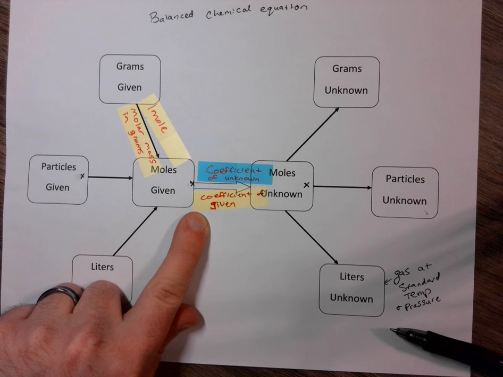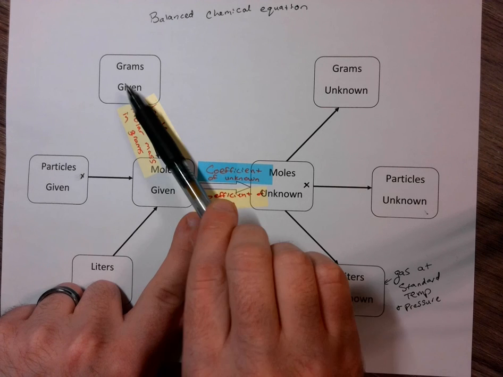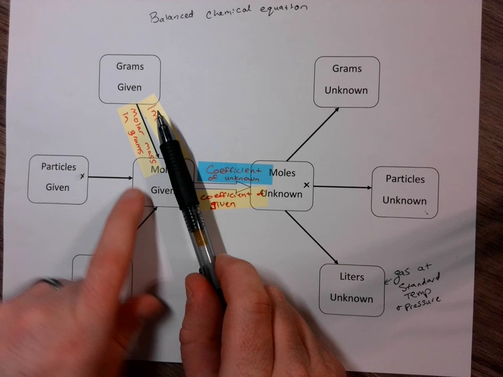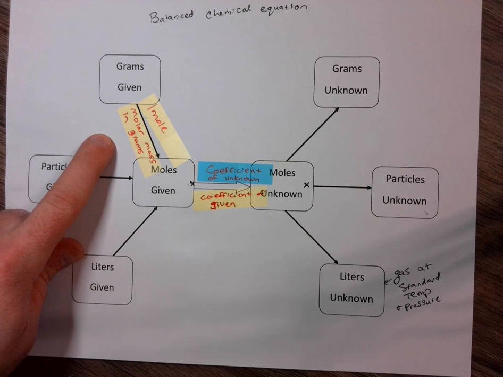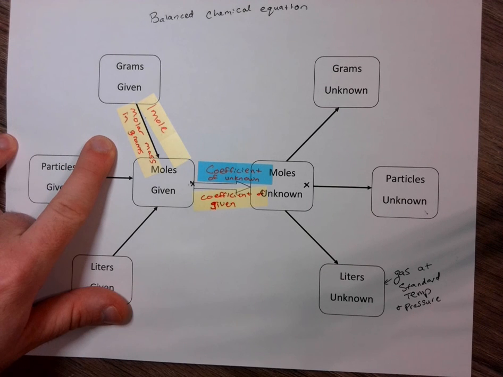So we're going from one substance. Let's say we had a combustion problem, where it gives us a mass of some sort of reactant, some hydrocarbon, reacting with oxygen to produce CO2 and H2O. And it asks, at standard temperature and pressure, if you have so many grams of this reactant, how many liters of carbon dioxide would be produced?